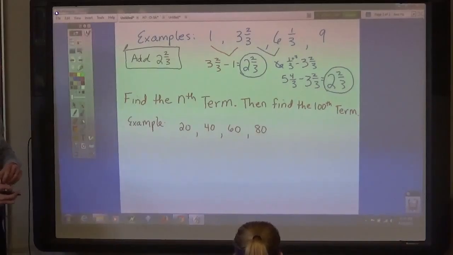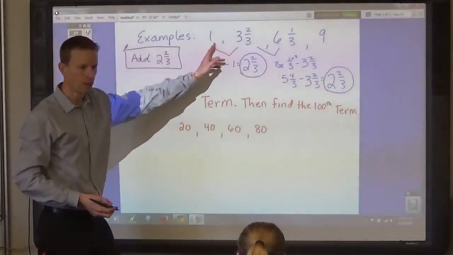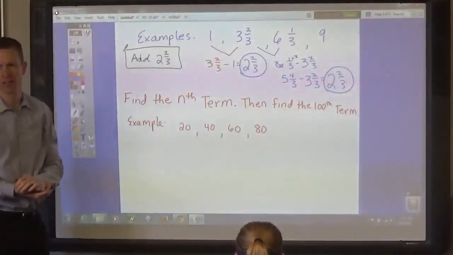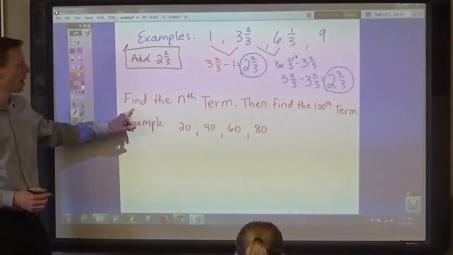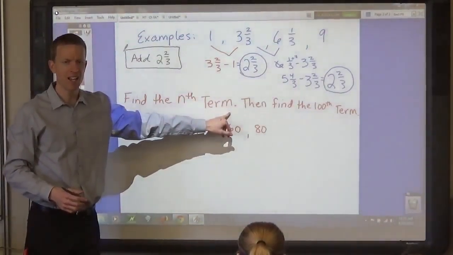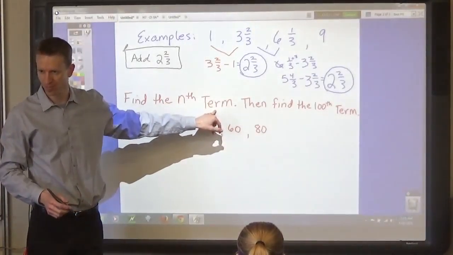Now, that's how you find the rule, or the next term, or the next term. What if you have one that says find the nth term? The nth term, that's using a variable in our answer, right?